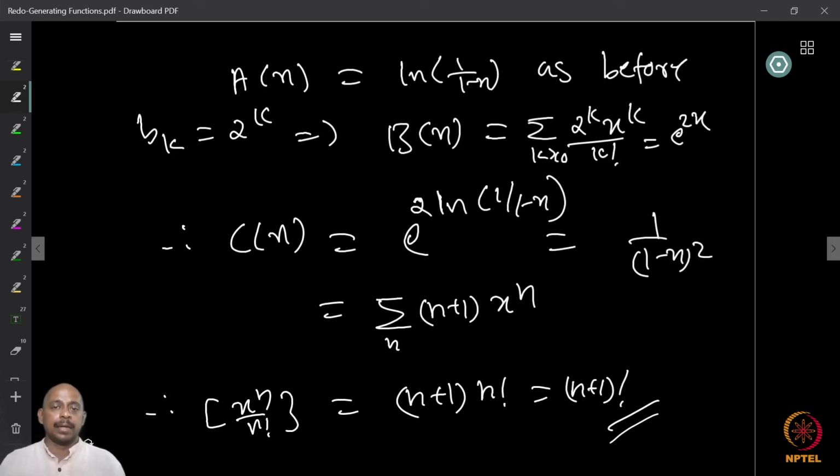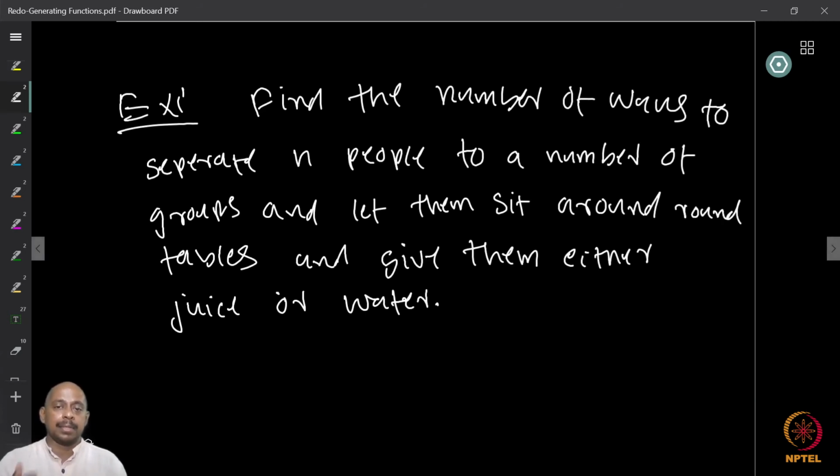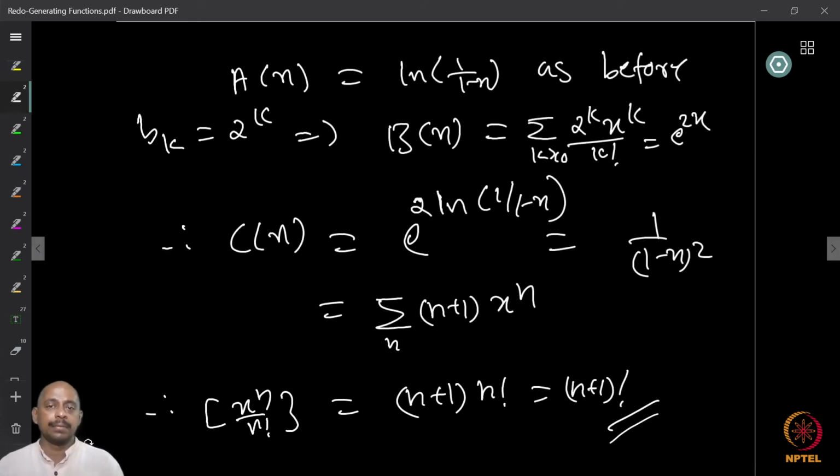We know that a of x is log of 1 by 1 minus x, as we did before, asking people to sit around in circles after partitioning them. Now, what is b_k? If there are k blocks and we are serving either water or juice to the tables, there are precisely 2 raised to k ways of doing this.